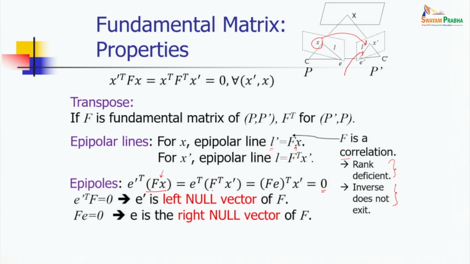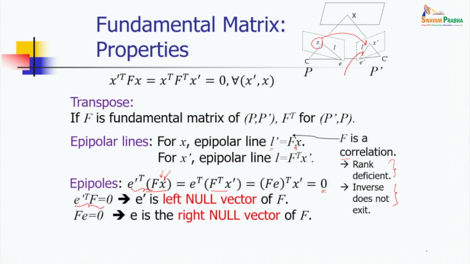Similarly, E transpose F transpose x prime is equal to 0, and Fe transpose x prime is also equal to 0. So if I combine them, E prime transpose F should be equal to 0, because x is a non-zero column vector.